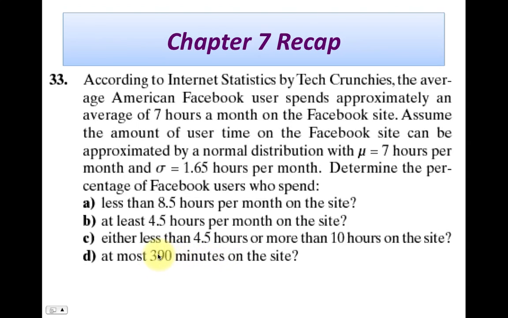This part D is just throwing you because you're going to basically turn 390 minutes into hours by dividing by 60, and then it's the same as A, B, and C. So all of these questions basically make use of normal CDF. You're being asked for a percentage of users, which is a proportion of area under the bell curve, so you're going to be using normal CDF for each of these.